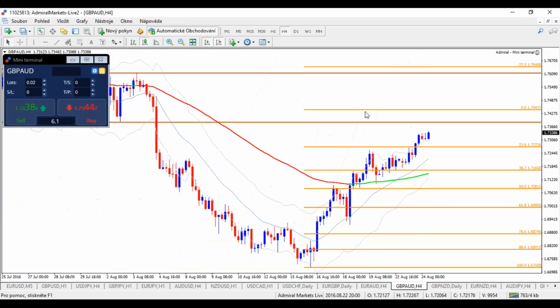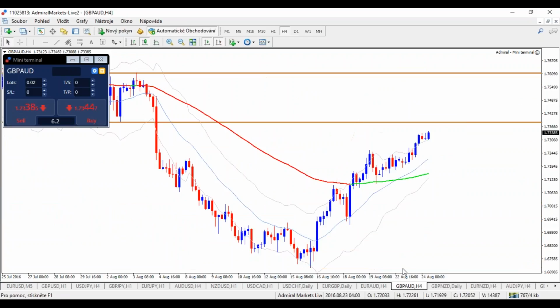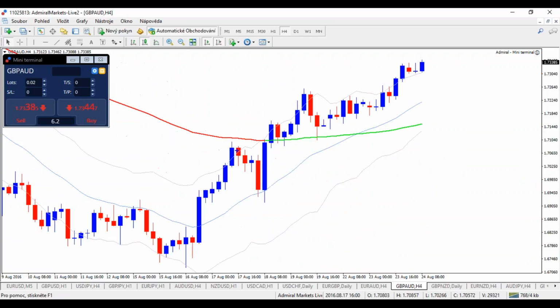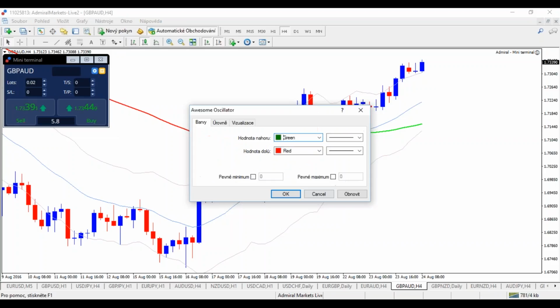All right, let's see. It is actually breaking above the Keltner several times. Here was the first time, pullback, bounce. Let's take a look at the oscillator on the 4-hour chart.